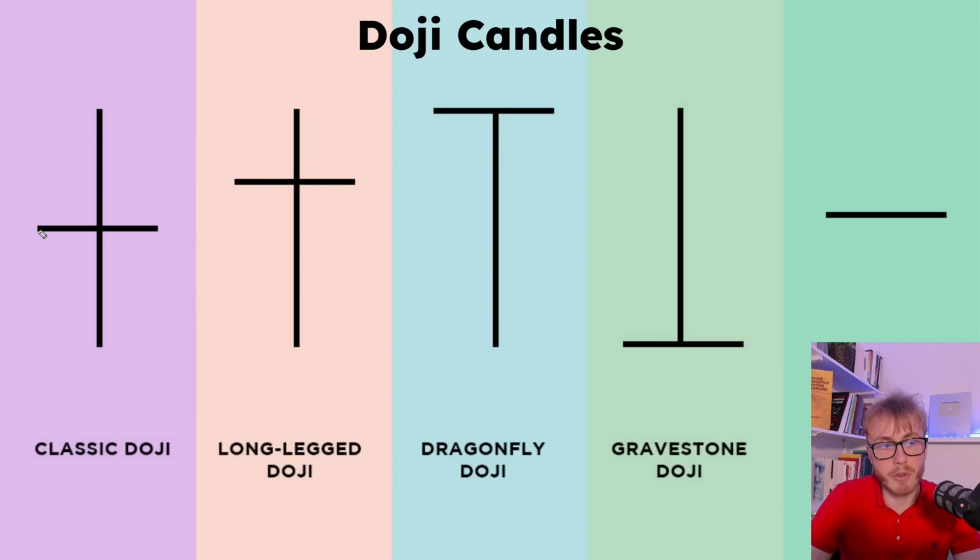However, it is okay for a Doji candle to have a very slight real body, so it might look something like this, but we do want to see the real body either being a complete line or have a very small real body.